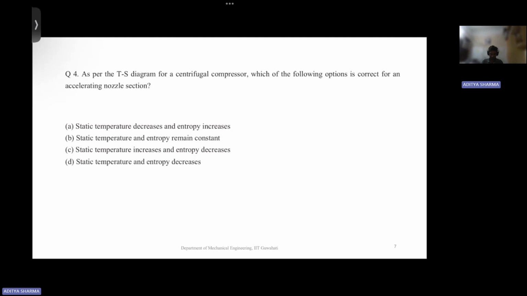A: static temperature decreases and entropy increases. B: static temperature and entropy remain constant. C: static temperature increases and entropy decreases. This is opposite of A option. Then fourth option is static temperature and entropy both decrease.